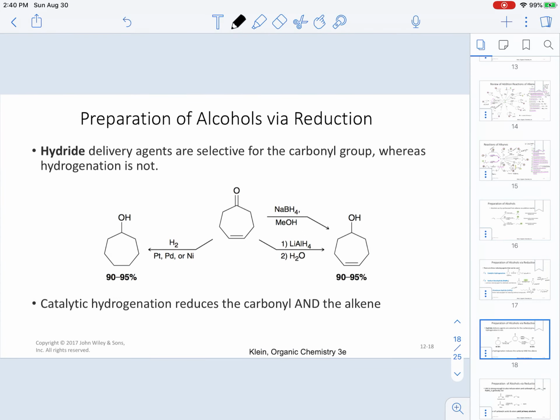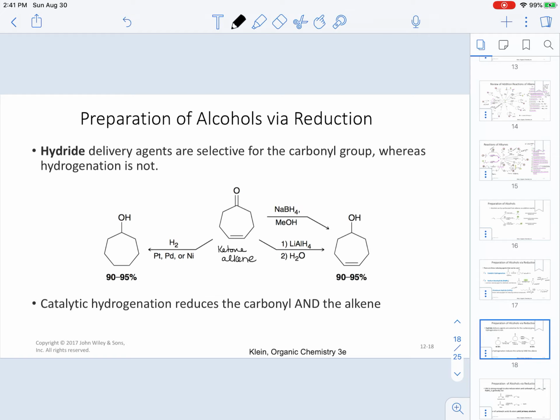Understand that if you have the reagents that I discussed in the previous slide, you have to be careful with other functional groups that could be affected by them. What I mean by this is that if you have, let's say, the molecule that we have in the middle, this molecule contains a ketone and an alkene.